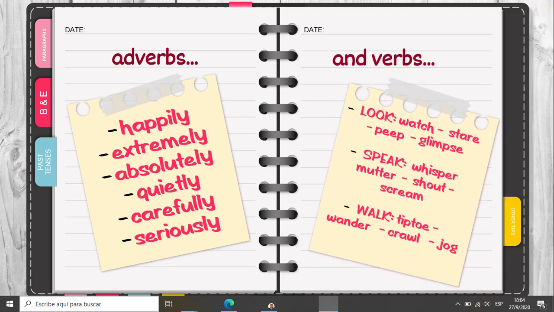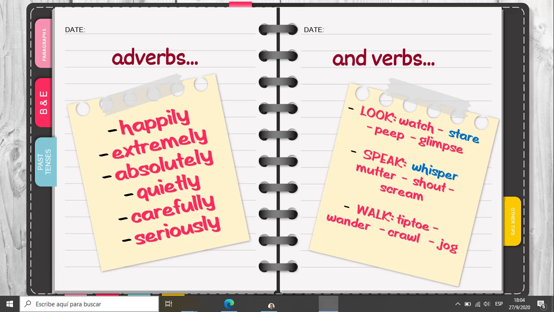And verbs. You know some very simple verbs like look, speak, and walk. But try to learn new verbs. For example, stare. To stare at somebody is to look at somebody or something for a long time.